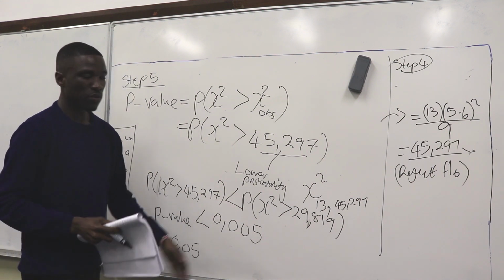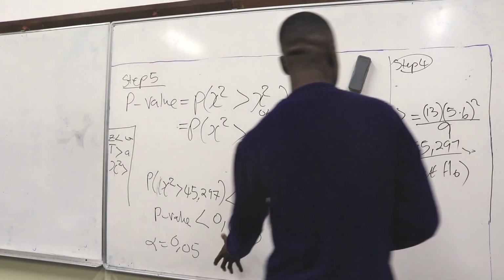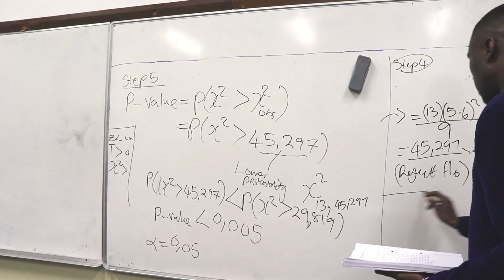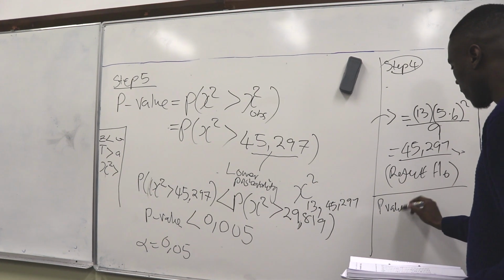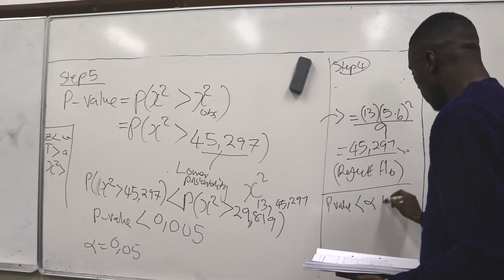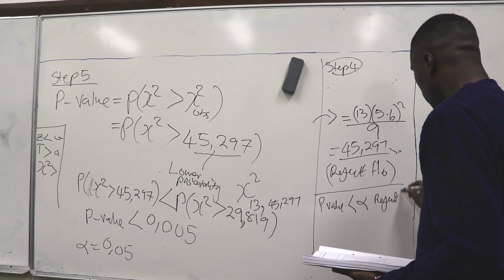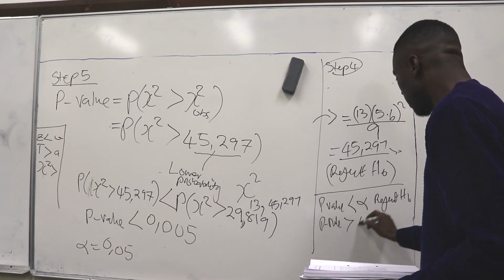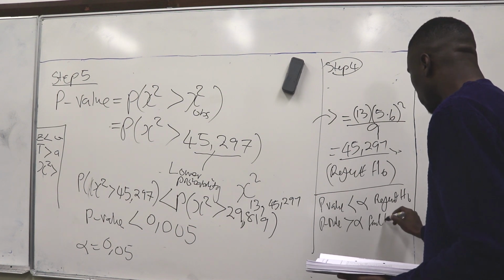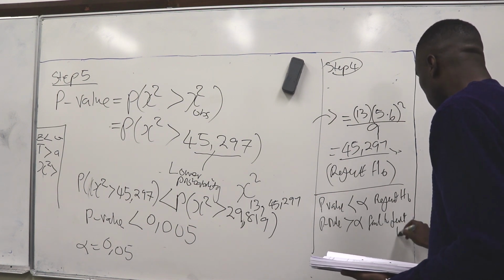So what I'm going to remind you again when it comes to deciding here, there are statements that say if p-value is less than alpha, we reject h naught. But if p-value is greater than alpha, we fail to reject h naught.